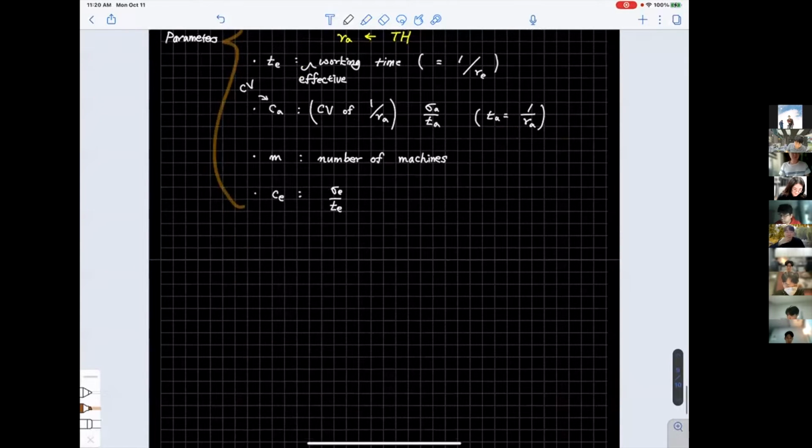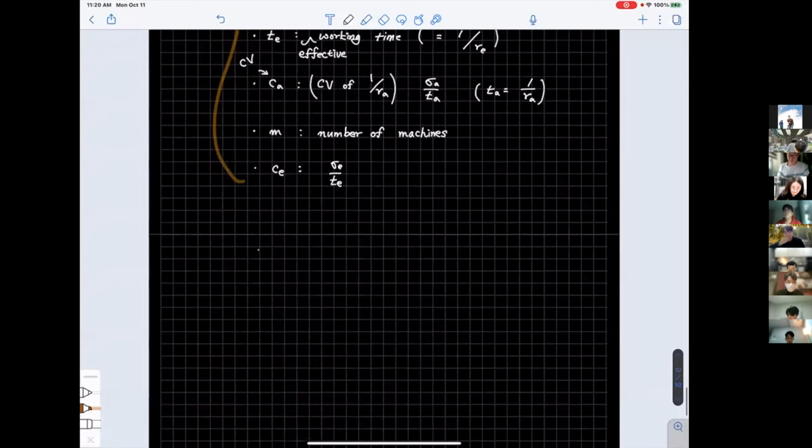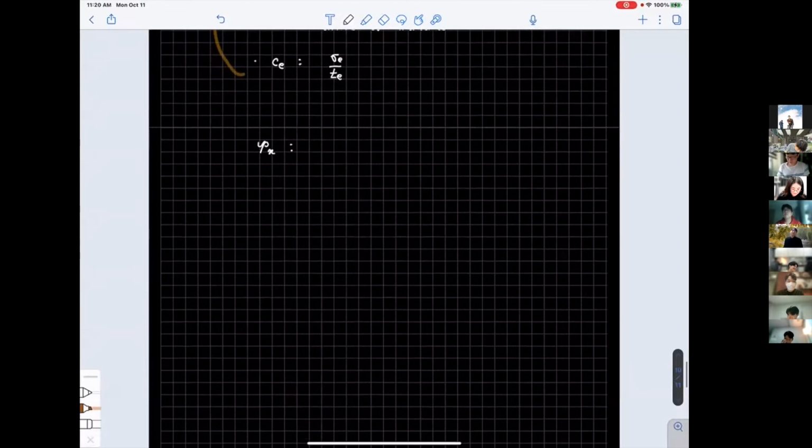And also we have to define several performance indices, starting from Pn to CTq, CT, also WIPq and WIP. These are the performance measures.